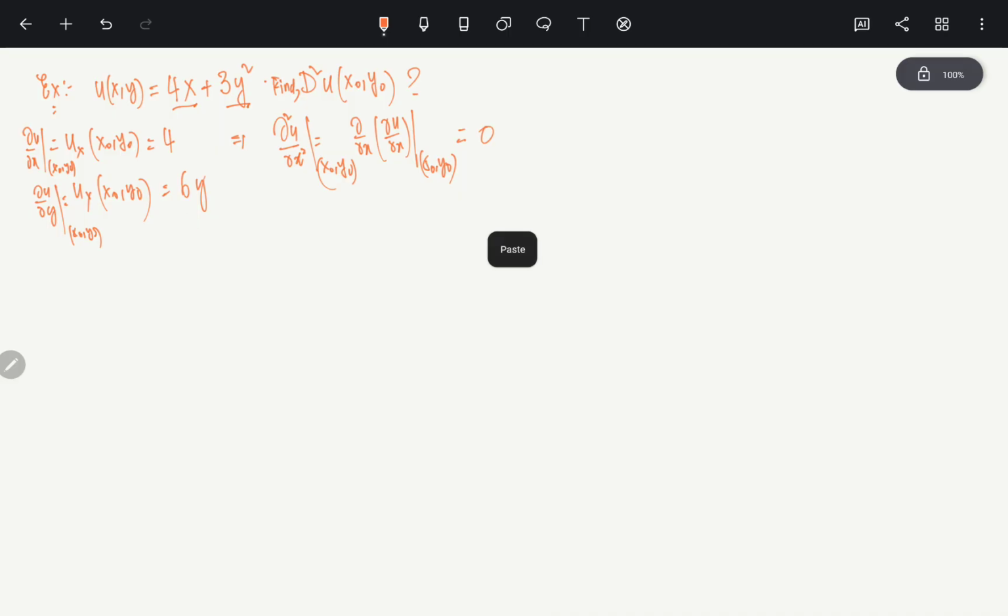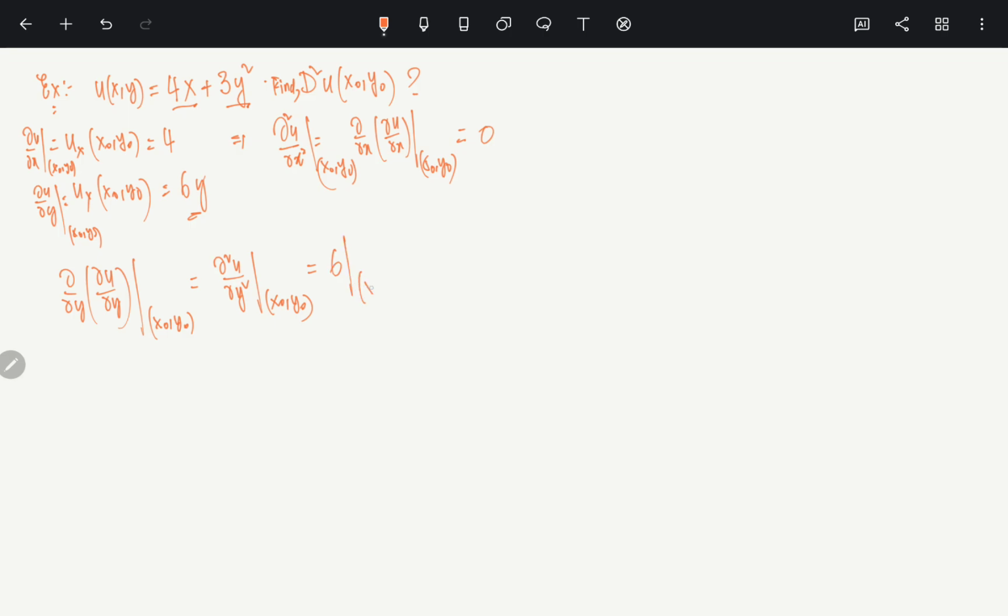Similarly, del y of del u del y, which is del square u del y square evaluated at x naught y naught: del u del y is 6y, and taking another derivative with respect to y gives 6.